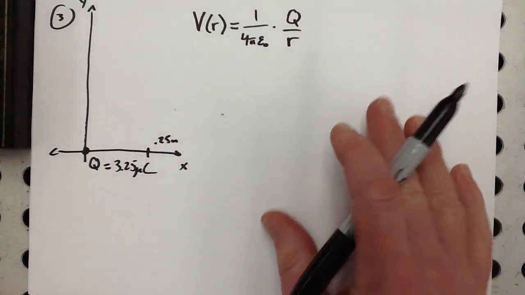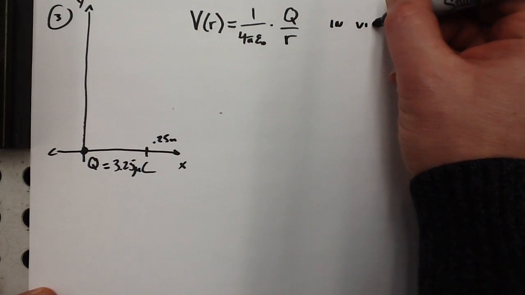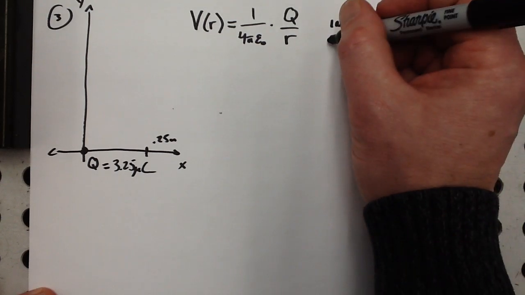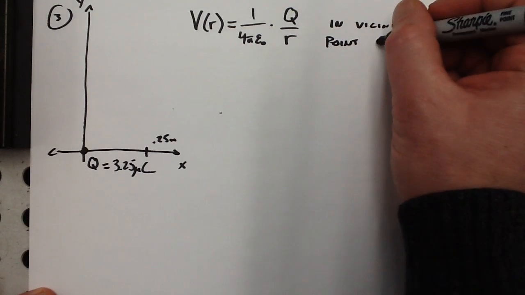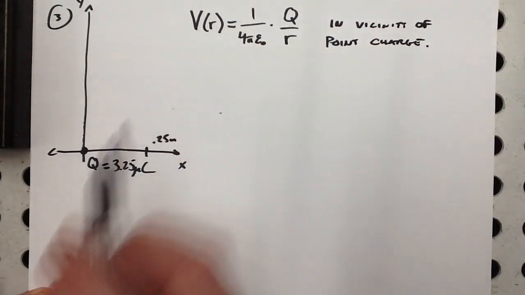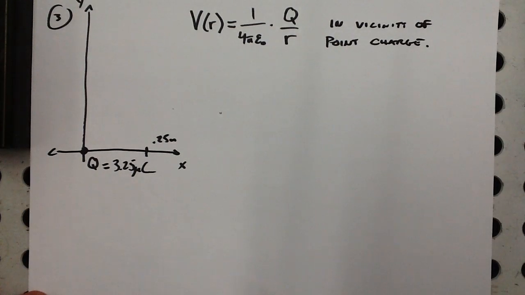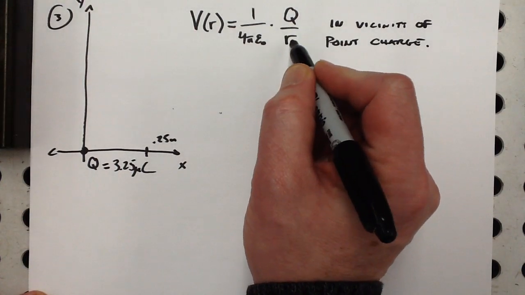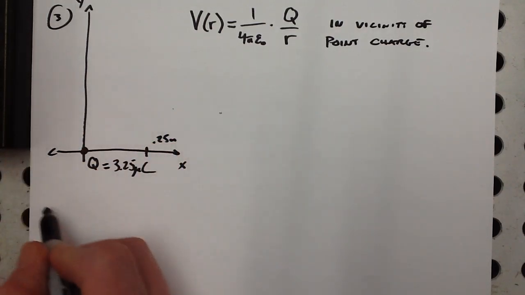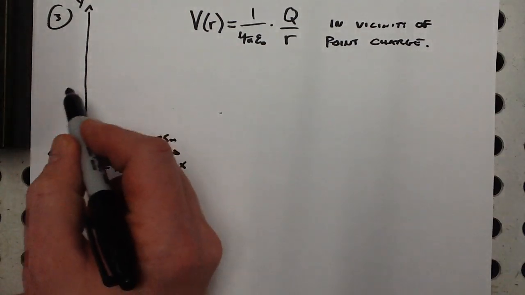This applies in the vicinity of a point charge. That's when we can use this. Looking for electric potential around a point charge, and that's exactly what we're doing here. This r is just the distance from the point charge. It doesn't matter in what direction. If we drew a circle of radius 0.25 meters, the electric potential would be the same at all those locations.